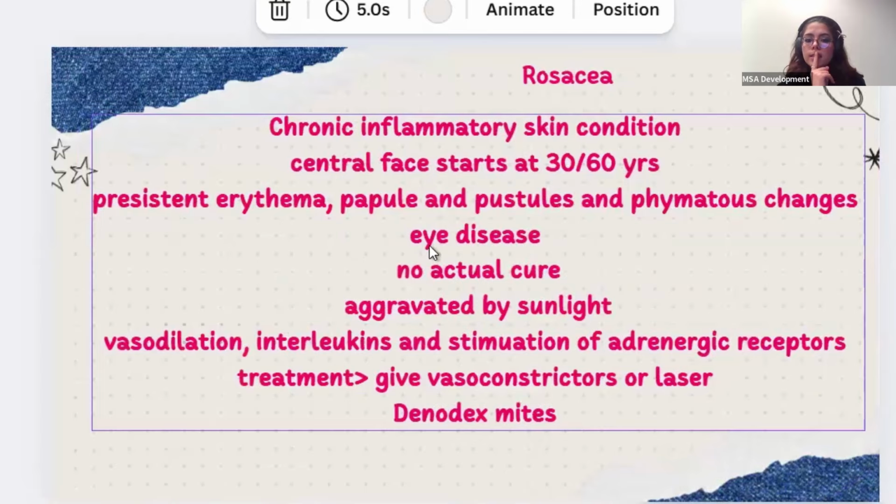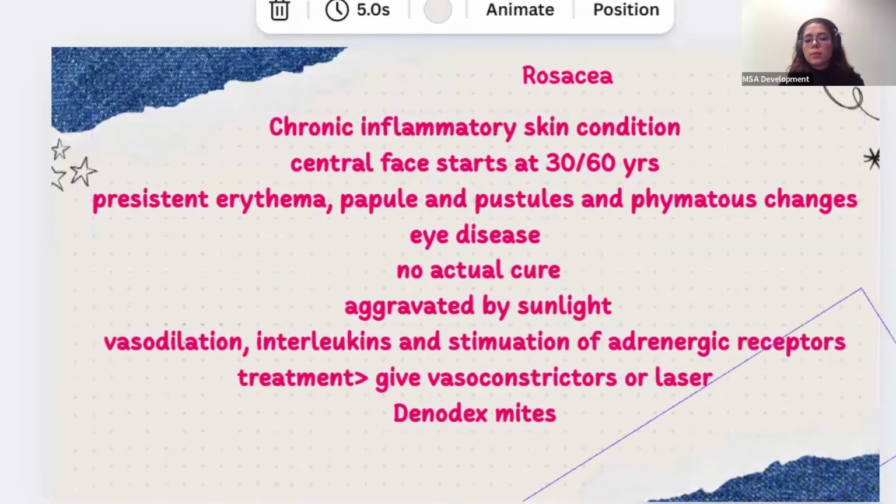Rosacea. Rosacea is a disease where the skin is constantly red and constantly flushing. The central phase starts at 30 to 60 years old. There's erythema, the blushing. It's aggravated by sunlight.